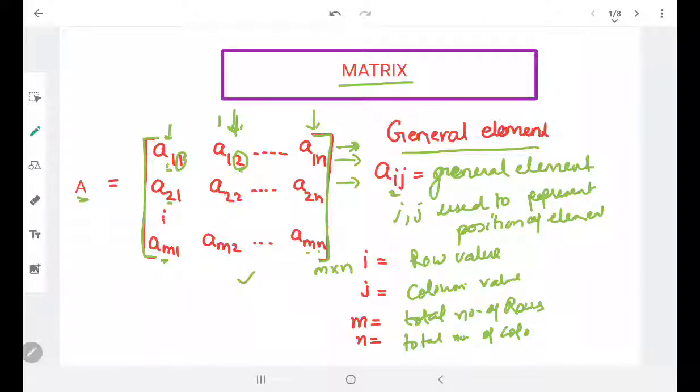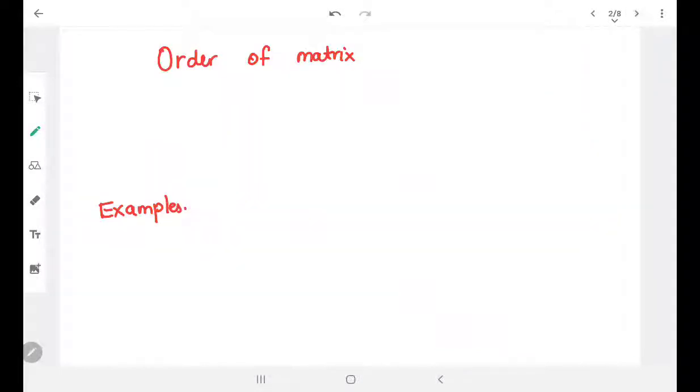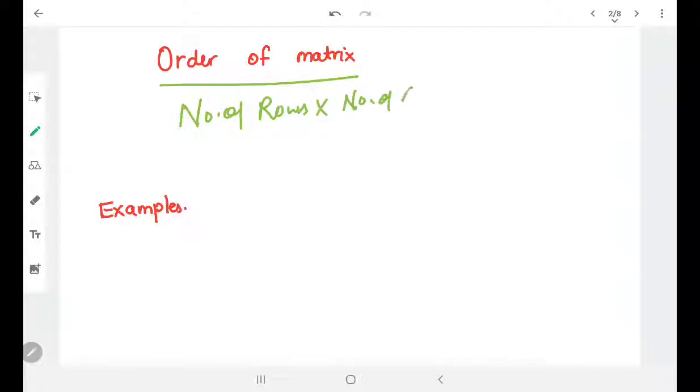Here is 1, then 2, then this is n. So that means n columns. So the order of a matrix means number of rows by number of columns. That is called the order of a matrix. Here we have m rows and n columns, so it is m by n order.